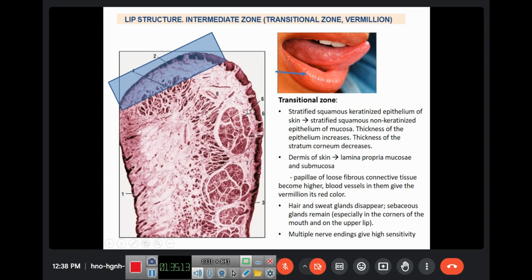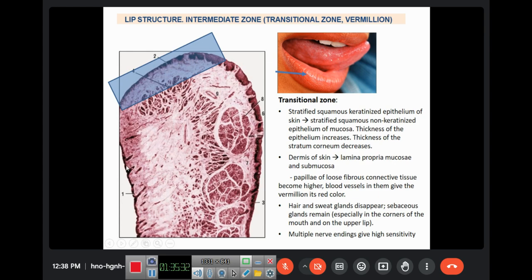Next, the dermis of the skin in transitional zone turns into lamina propria mucosa and submucosa of the next mucosal zone. The papillae of the papillary layer of the dermis of the skin in this transitional area become higher and more multiple.